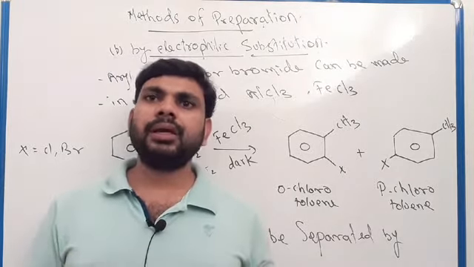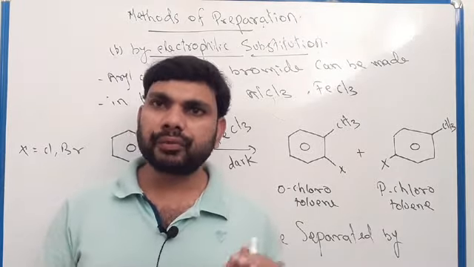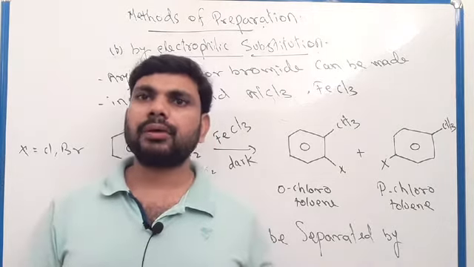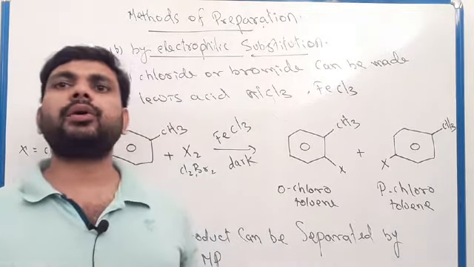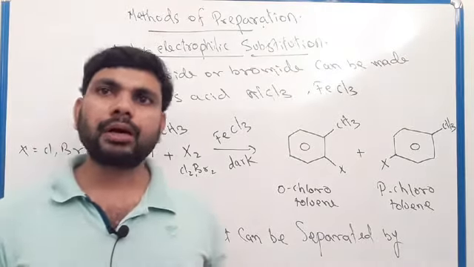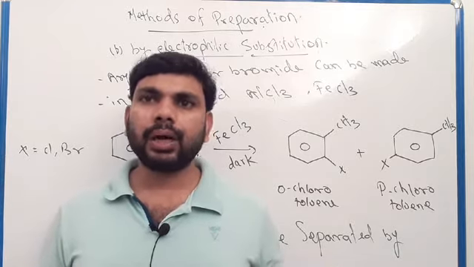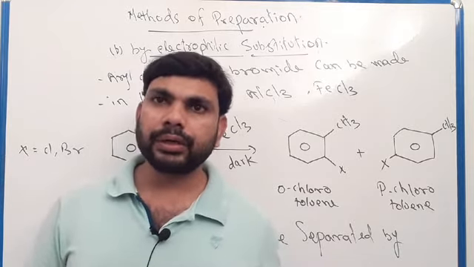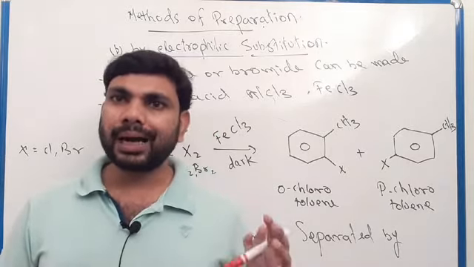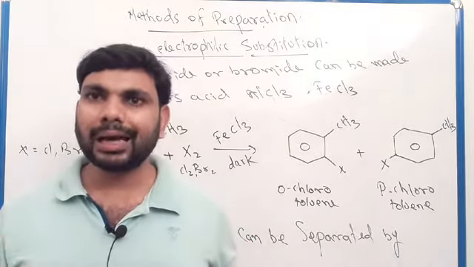First method, free radical substitution, means chlorine or bromine reacting with the hydrocarbon in presence of sunlight, we can produce haloalkane. We discussed already.